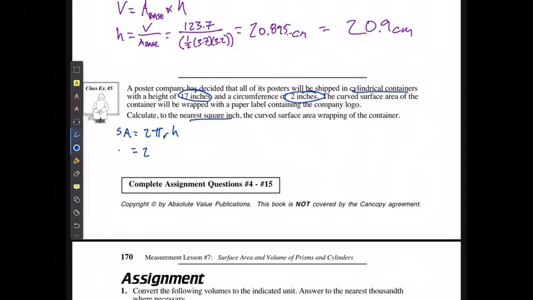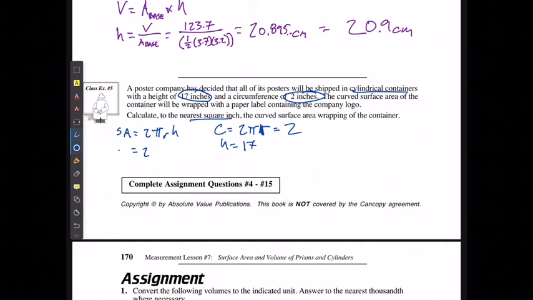The circumference is 2 pi r. The height is 17.